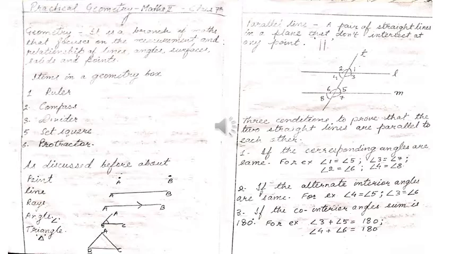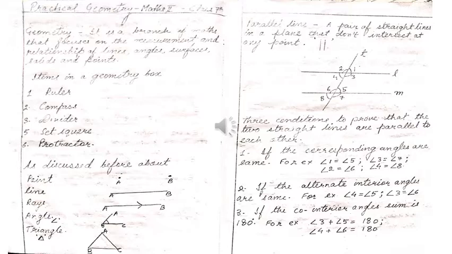All right. Now about the protractor. When you look at the protractor, it is curved in the middle and gets straight at the ends. It is used to measure and draw angles.